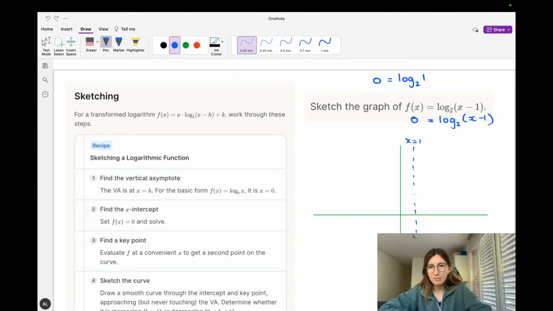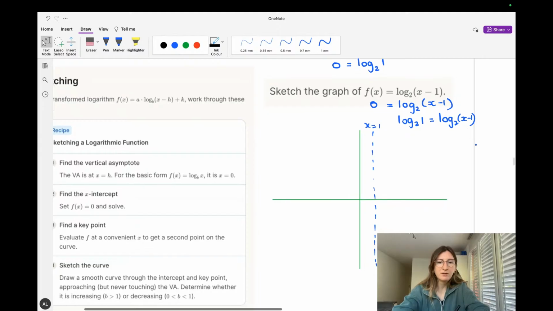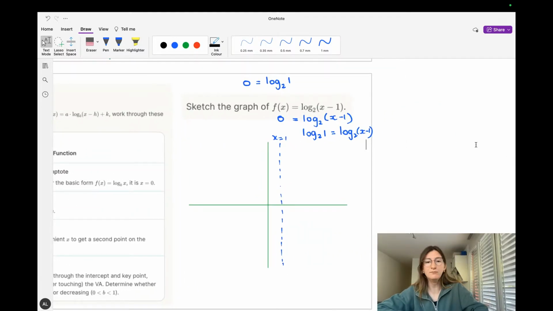So now I've changed my 0 into a number that has a log with a base 2. So instead of 0, I'm going to write log base 2 of 1 equals log base 2 of x minus 1. Move over a little bit. I might be out of the screen here with my video. If you can't see, let's do like that for now. Maybe I'm actually going to move this a bit out of the way.